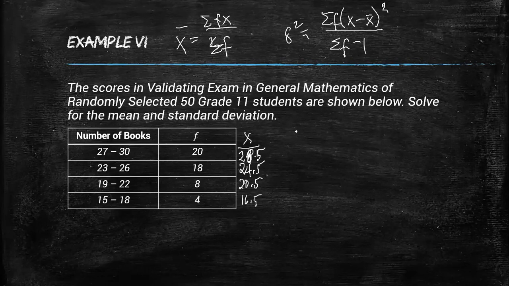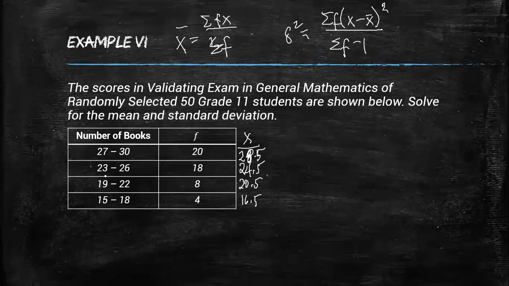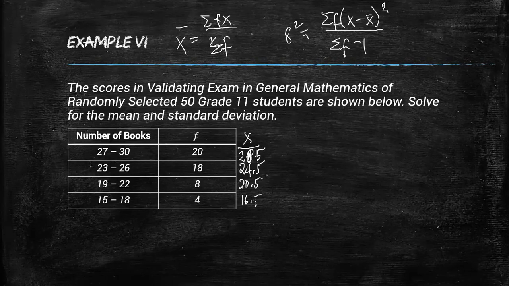Actually, class, parang may pattern dyan. I-check nyo kung pare-pareho yung difference ng mga higher scores and lower scores. Kung ano yung difference ng dalawa, yun din yung difference ng ating class mark. Kahit isa lang i-solve nyo, mag-minus-minus na lang kayo. Basta consistent. Pag iba-iba, magtaka na kayo. Baka mali.